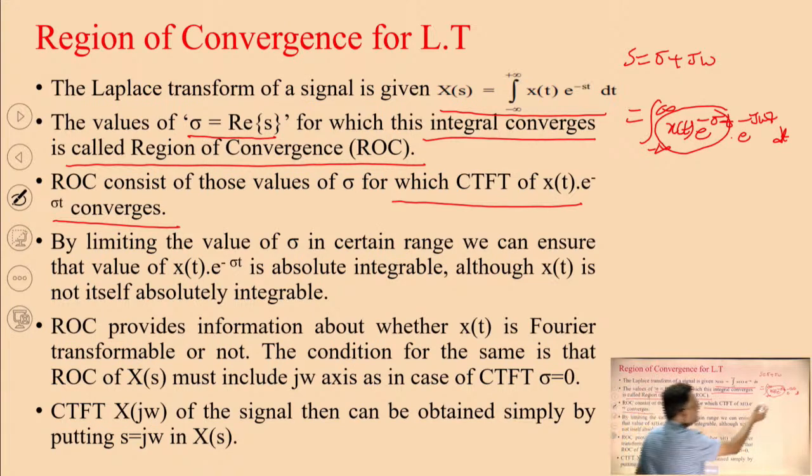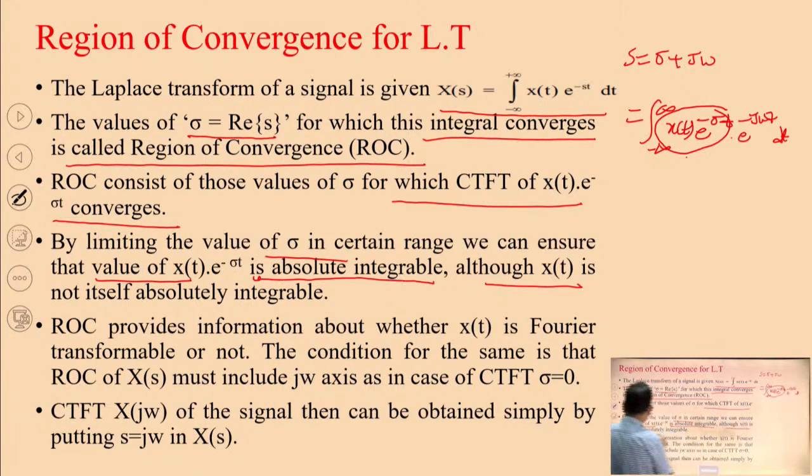This e^(-sigma t) term is used to make the signal converge when it was not converging in case of simple CTFT. By limiting the value of sigma to a certain range, we can ensure that x(t) e^(-sigma t) is absolutely integrable, although x(t) is not itself absolutely integrable.